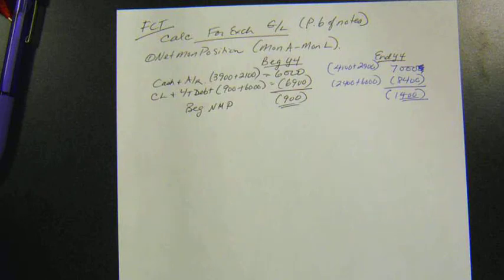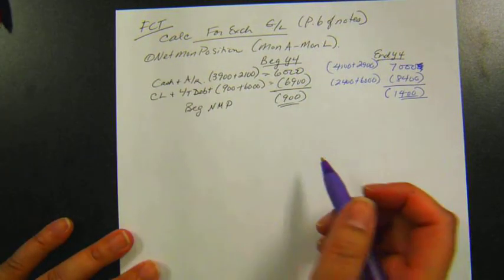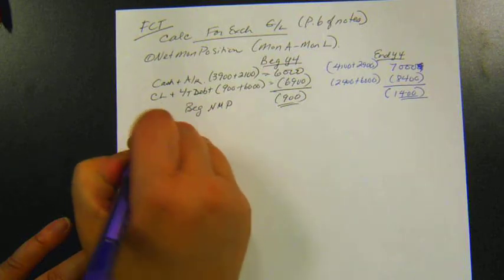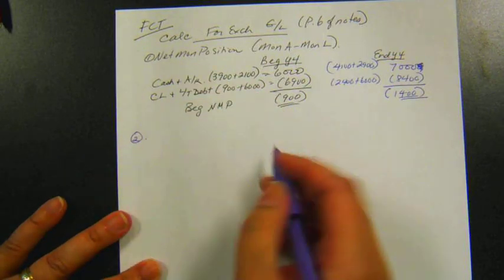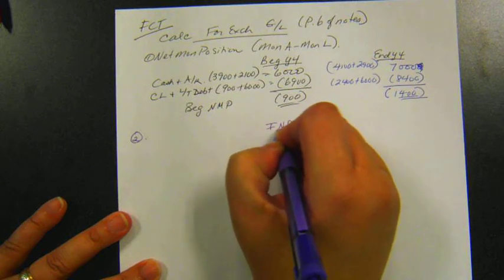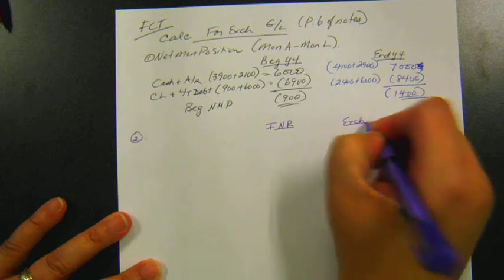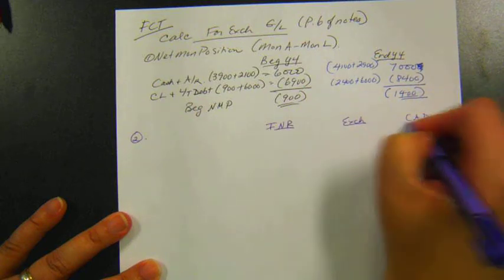So let's go with part 2, where we start. Well, first we have the Indian rupees, the exchange rate, and then the Canadian dollar amounts.